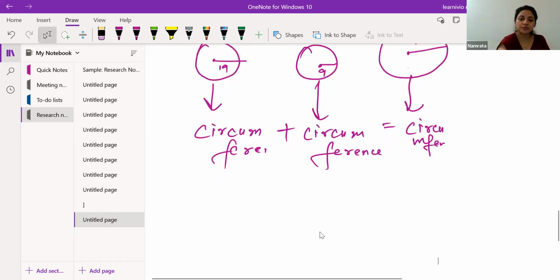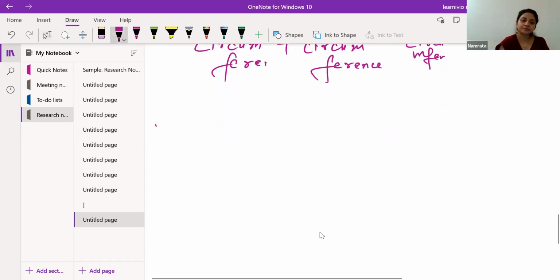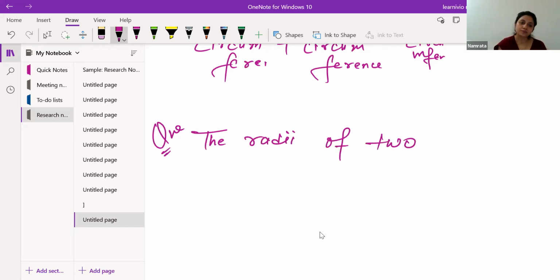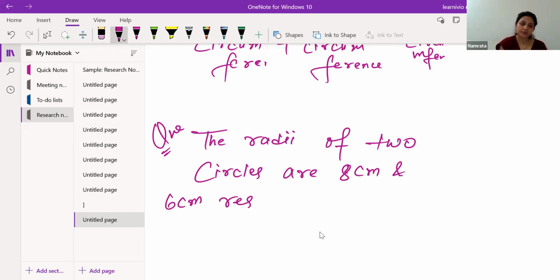I'm leaving this for you. The radii of two circles are 8 centimeter and 6 centimeter respectively.